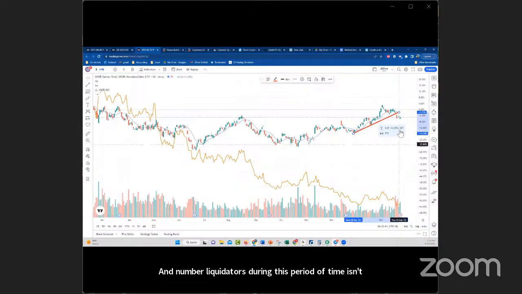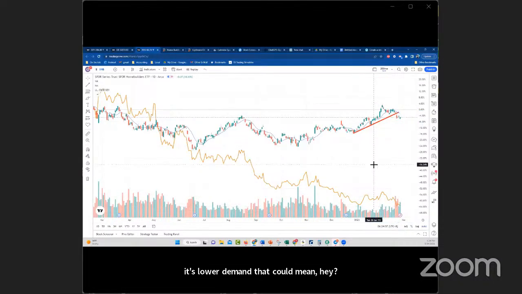If the economy has taken a nosedive, then that might lead to lower interest rates, and lower interest rates would mean more buyers, right? But that's no. This variety of movement is leading to lower prices. So if it's lower prices, that means lower demand. And if it's lower demand, that could mean, hey, all across the board, we're not going to be able to find buyers for our stock. That's the bottom line.